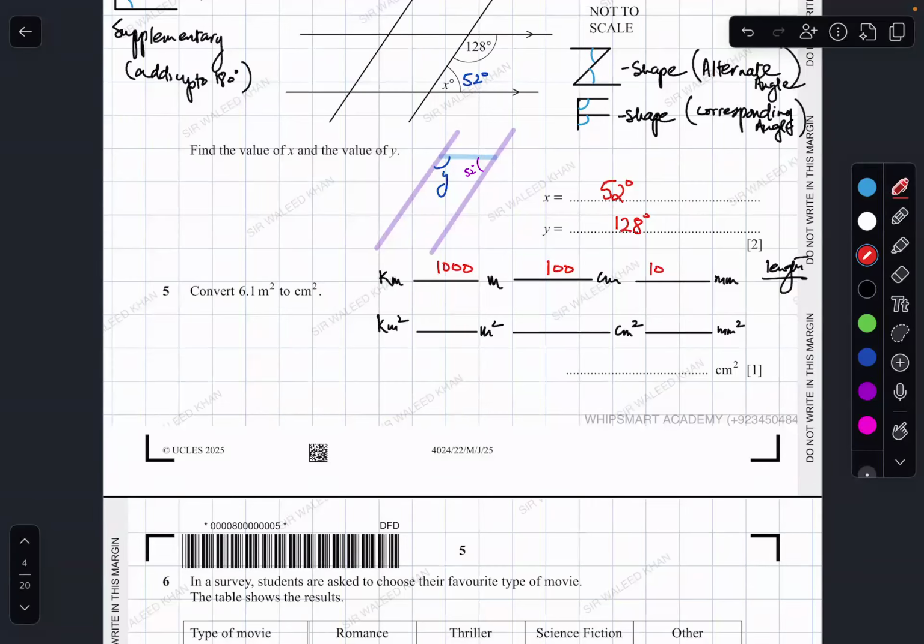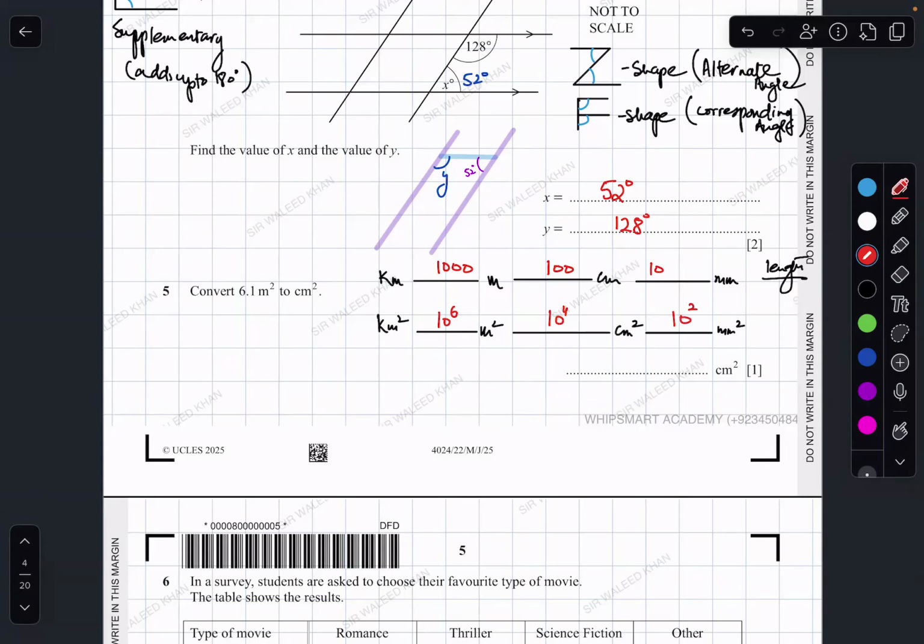Now, in order to convert the scale for length into scale for area, I just have to square the units. So they were 10 power 3, 3 zeros. This becomes 10 power 6, like 1 million. So that means 1 million meters square will be equivalent to 1 kilometer square. And this should be 10 power 2, so square it, this becomes 10 power 4.